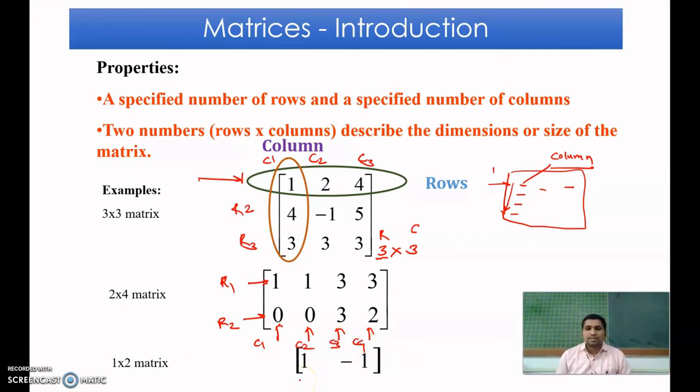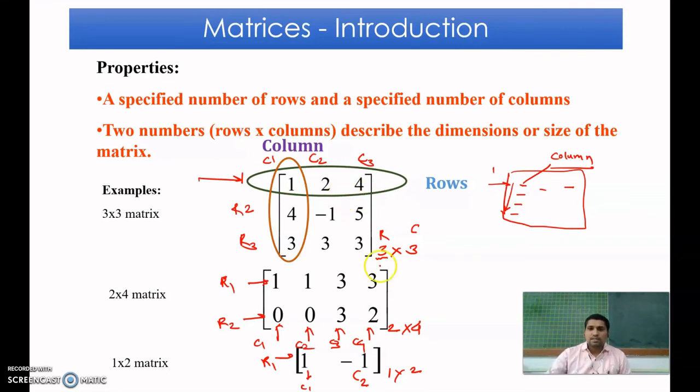So this matrix is a 2 by 4, meaning it has two rows and four columns. In the last example, there is only one row and two columns, so it is called a 1 by 2, meaning it has one row and two columns. So every matrix is specified by its rows and columns.